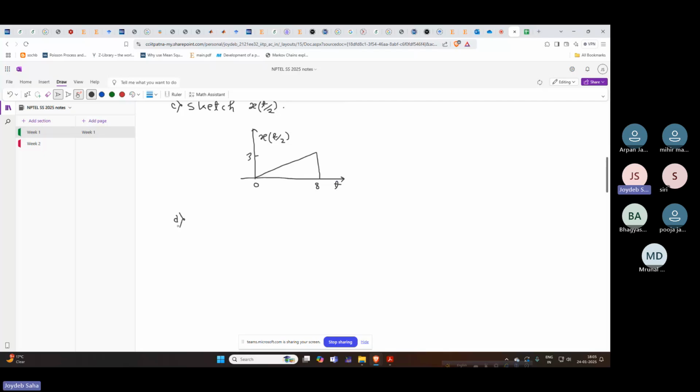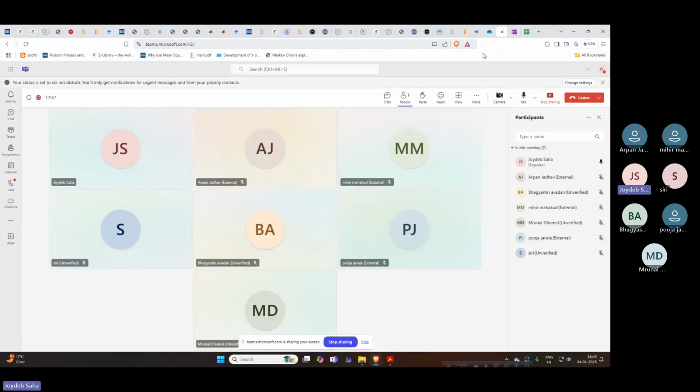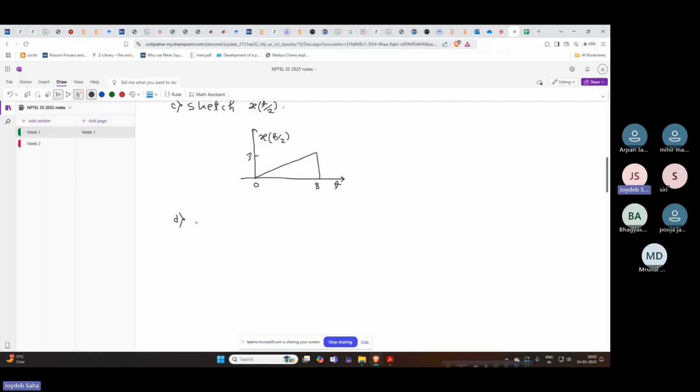And part D of this question, sketch. Anyone is trying? No. X of minus t. Okay, so how will it look like?